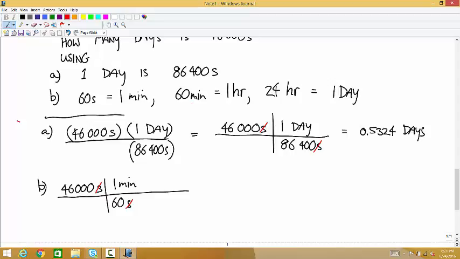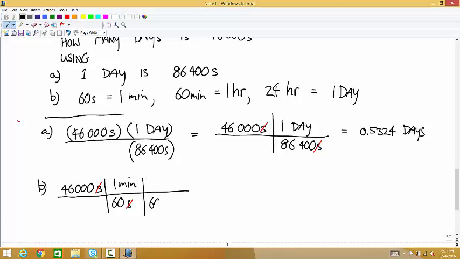And now for the second step, our minutes are the unwanted units. And we want to go to hours. So I'm going to multiply by either 60 minutes over 1 hour or 1 hour over 60 minutes. Do we want the minutes on the top or the bottom? Bottom again.